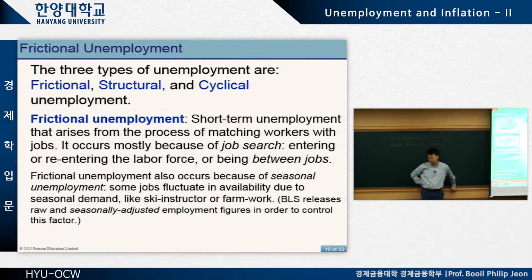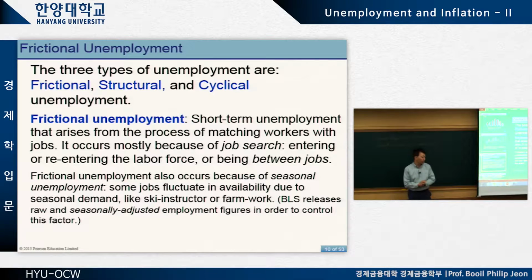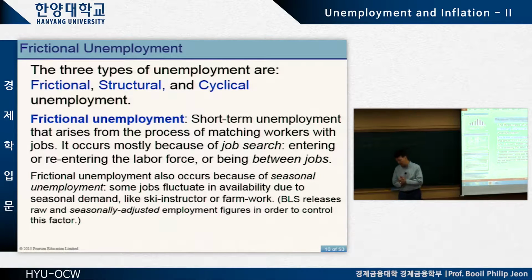But when the season is over, the job disappears, and some of those people will be unemployed. Of course, foreign workers have to go back to their country, but the domestic workers will be unemployed. That's the idea of seasonal unemployment. So frictional unemployment also includes this seasonal unemployment.